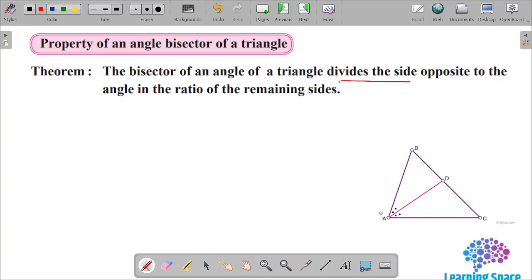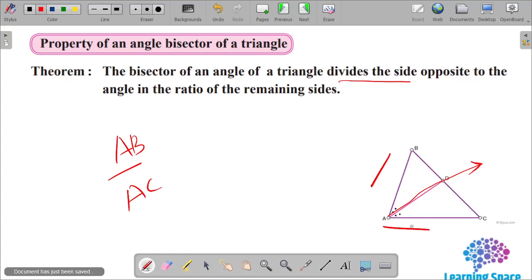So this is our angle bisector AD, and we get the ratio AB by AC. This side divided by this side equals this portion divided by this. So AB by AC equals BD by DC. I hope you got that.